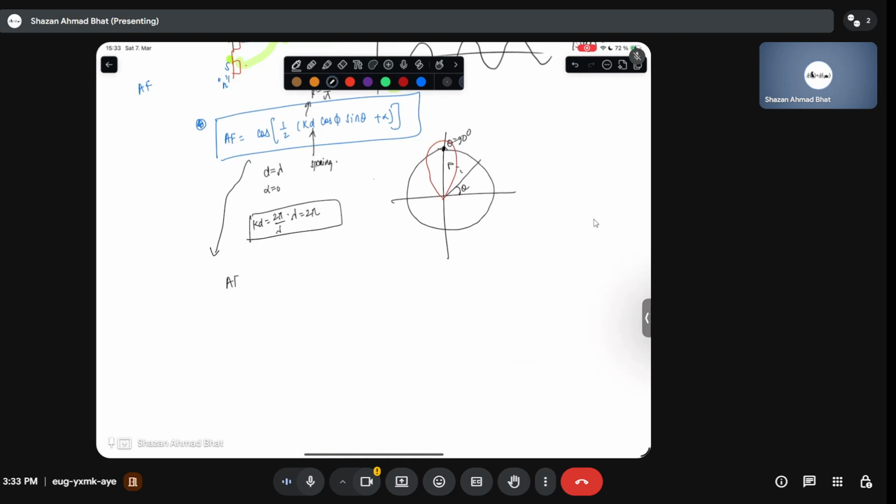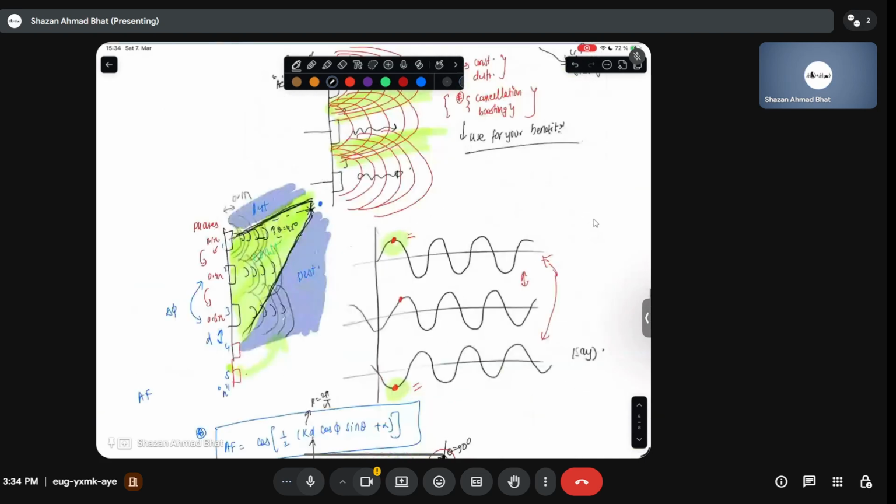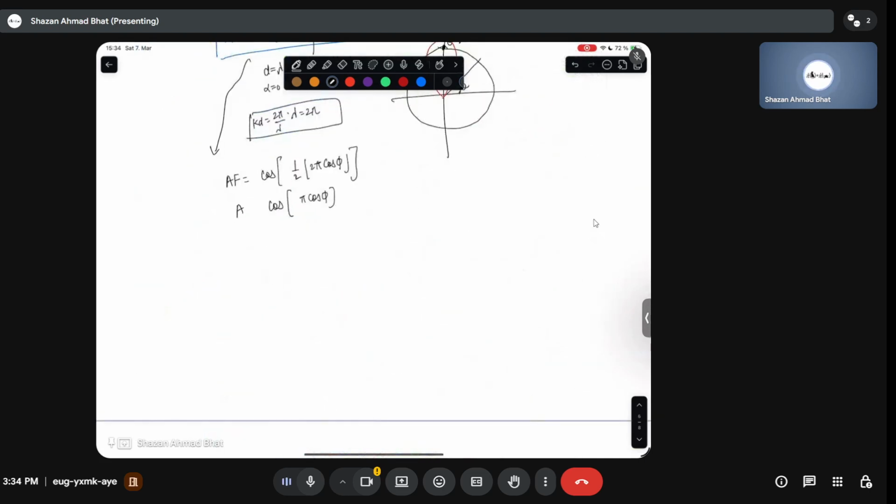You can compute the array factor as cos of half of 2 pi cos phi. Sine theta is 90 degrees, so it will be 1. Alpha is 0, so that'll be it. So it will be essentially cos of pi cos phi. So this is exactly the array factor, which is depending upon the angle phi.